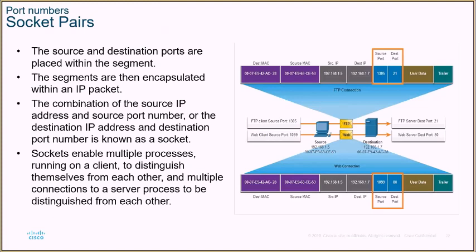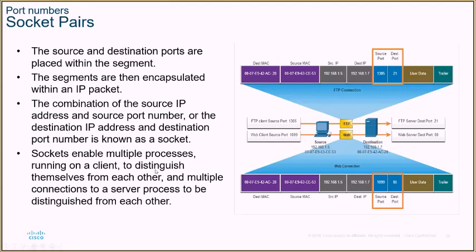So the source and destination ports are placed within the segment header. So here, source port, destination port. The segments are then encapsulated within an IP packet. The combination of source IP address and source port number, or destination IP address and destination port number, is known as a socket. That's how you plug into that computer, basically.